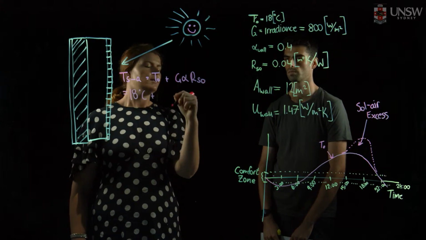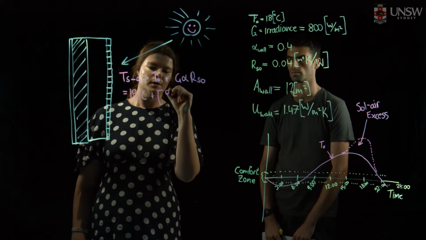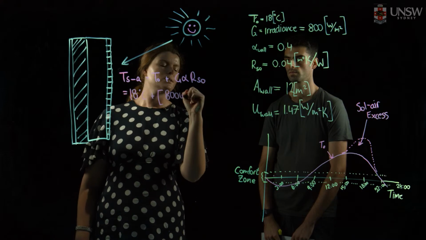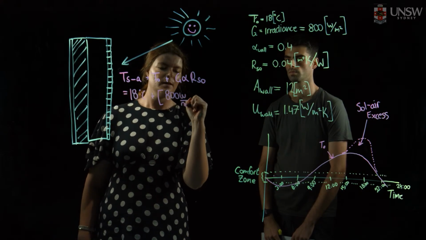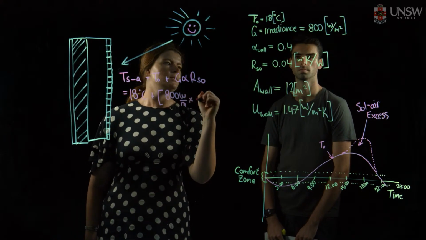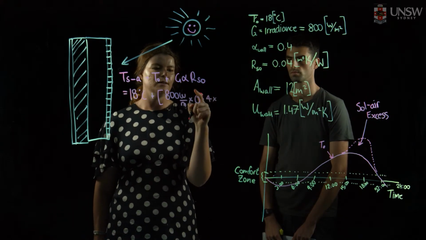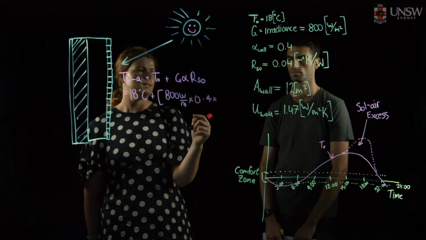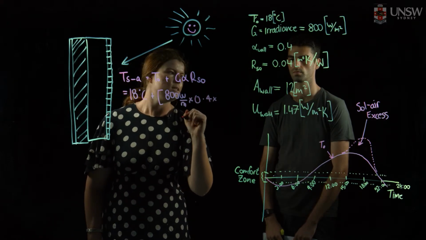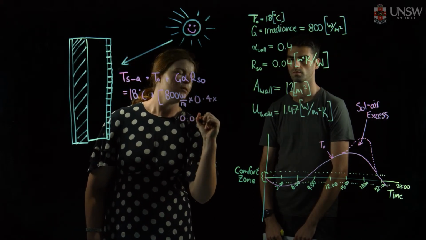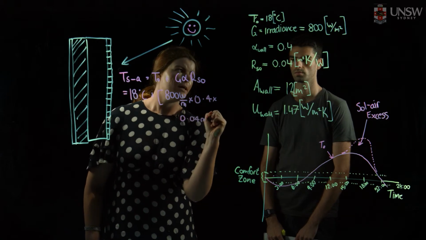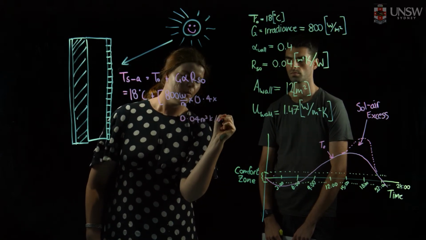That's also given to us. That's 800 watts per meter squared. We're given absorptivity, which is 0.4. That's dimensionless. And we're also given the outside air film resistance, which is 0.04 meters squared Kelvin per watt.